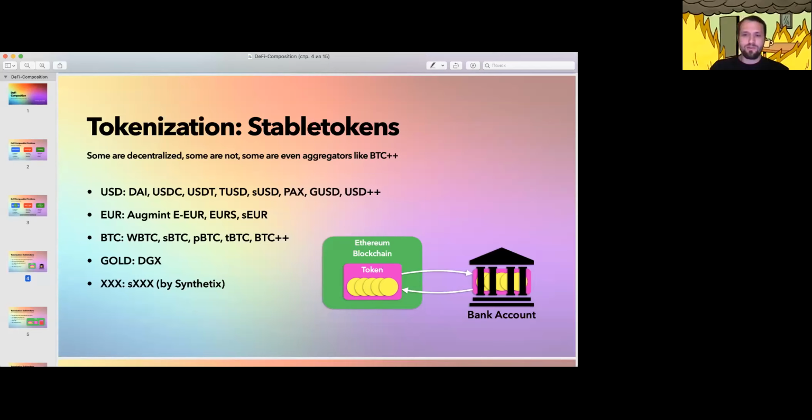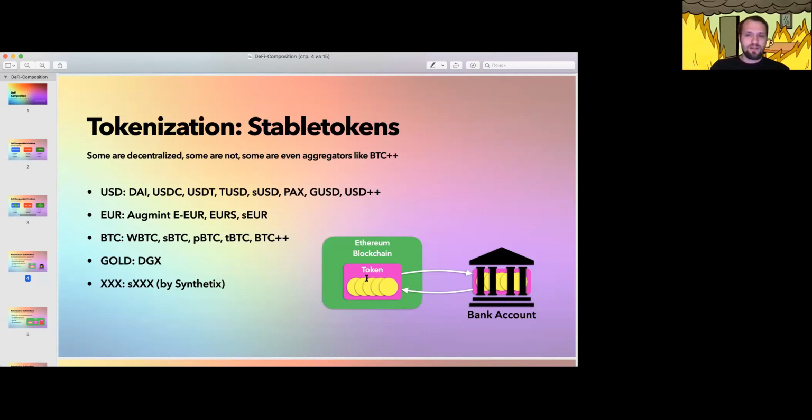Some custodian holder locks, for example, USD in its bank account, and he's the owner and administrator of the stable token, and he can mint when someone brings him money, and when someone wants to extract money, he can burn these tokens and do a transfer from his bank account.